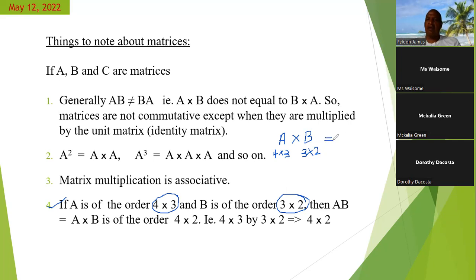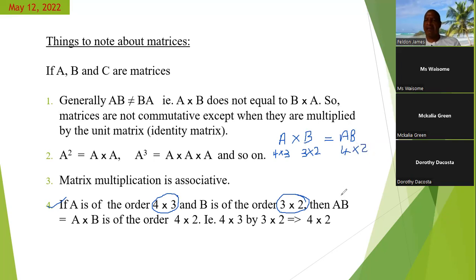Then the product, which is AB, which would be the final matrix, will give you the order of 4 by 2.